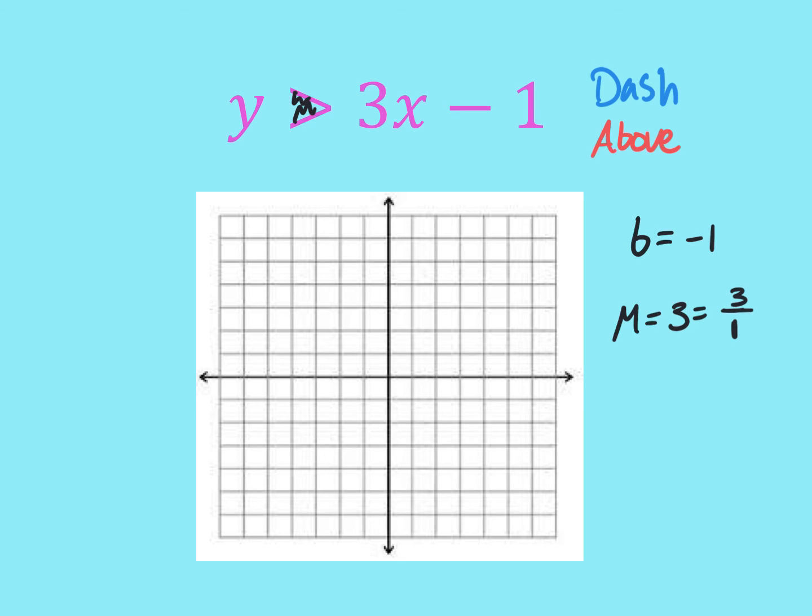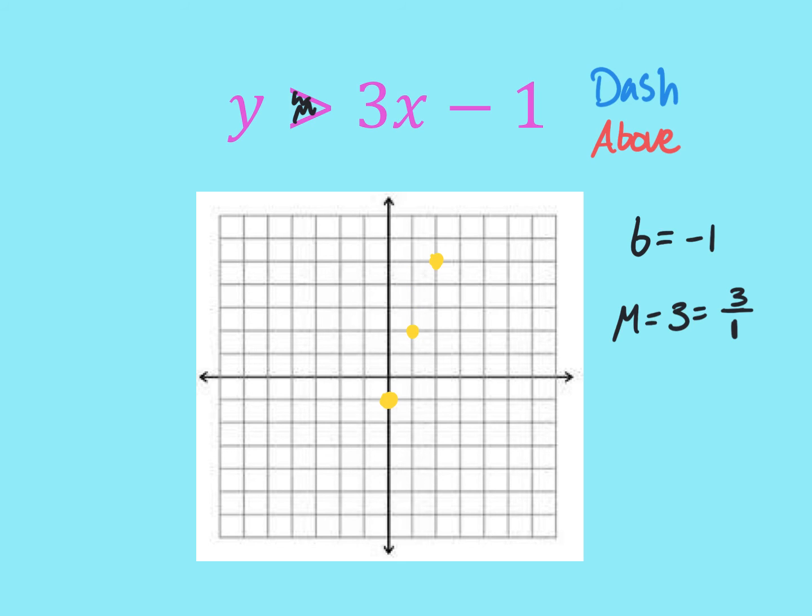All right, so I'm going to graph this. I put my first dot at -1. Slope is rise over run, so I count up 3 over 1. Up 3 over 1. Everything is in the positive direction. Are y'all good?